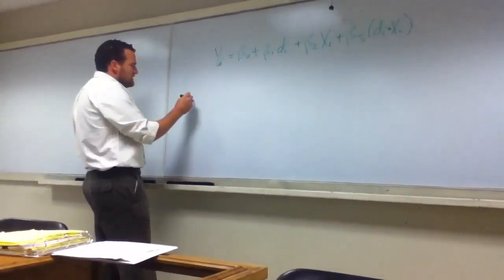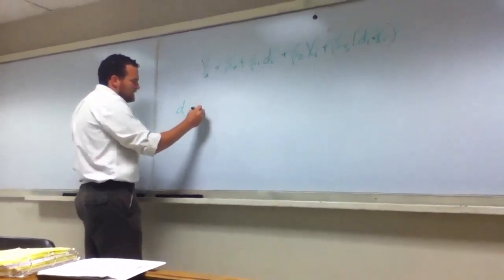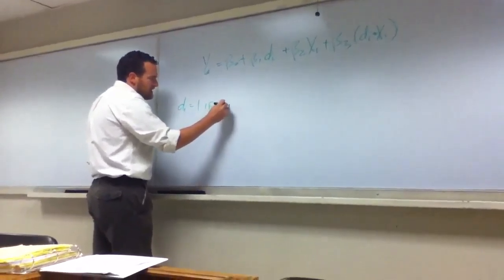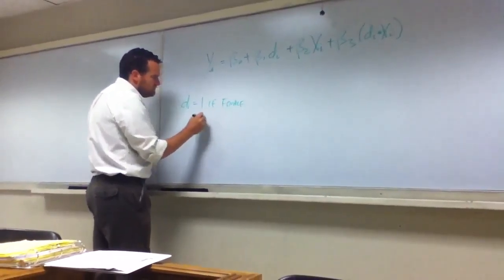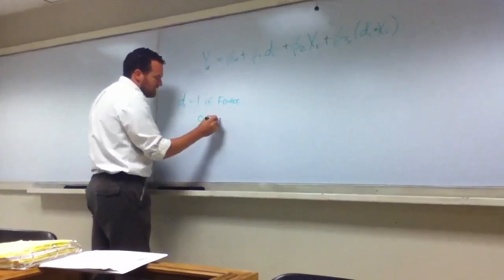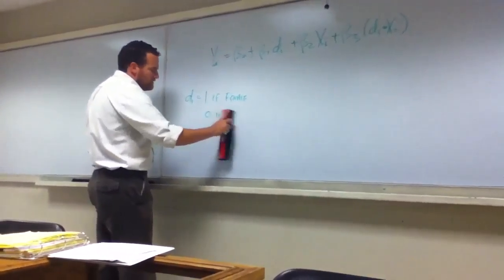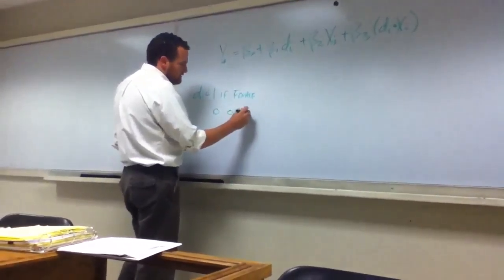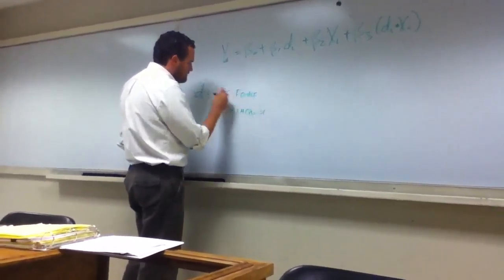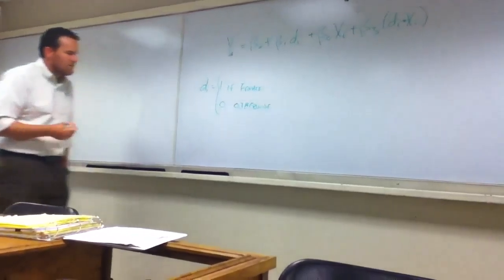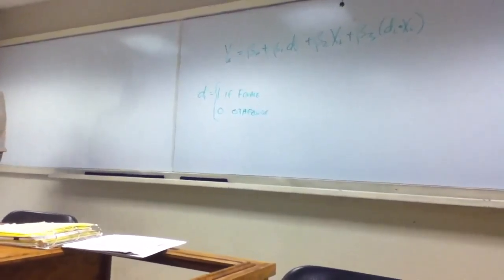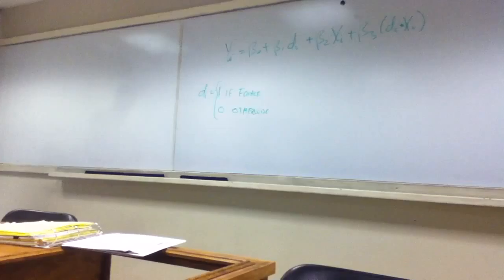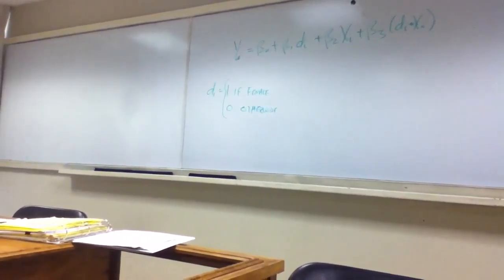Let's say di is equal to 1 if female, 0 if male, or really 0 otherwise. I know it's the same either way, but it's nice to have the 0 otherwise, because it reinforces the fact that the two are mutually exclusive.